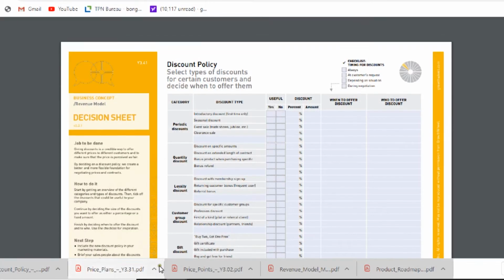You must know who and how to discount. You should decide whether you're always willing to give discounts, or whether it depends on the situation, or happens during negotiation, or on customers' request.